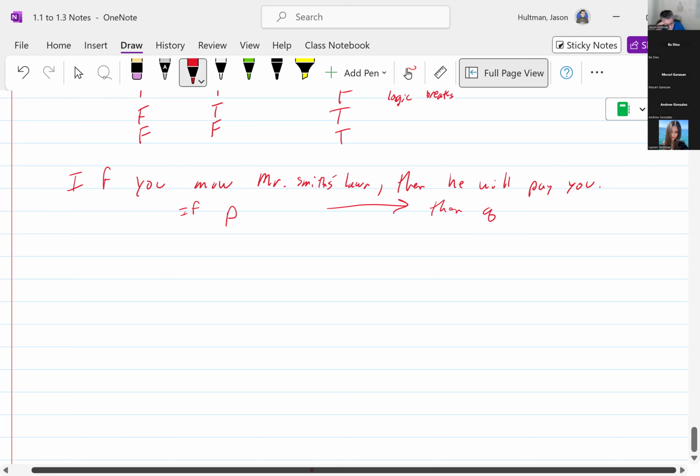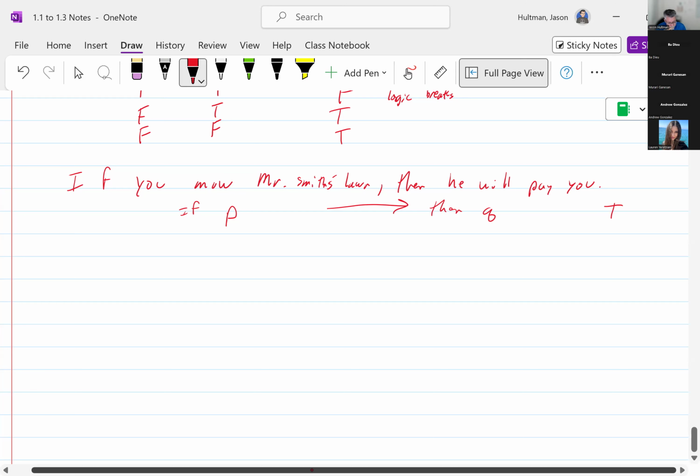If P, then Q. So if these are both true, then it's a true conditional statement. True, true.